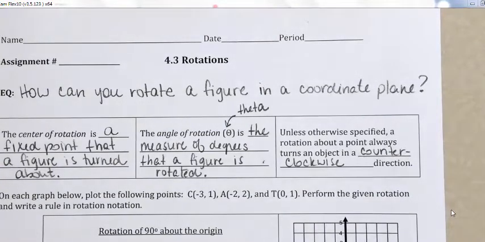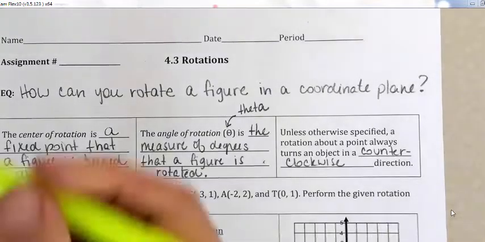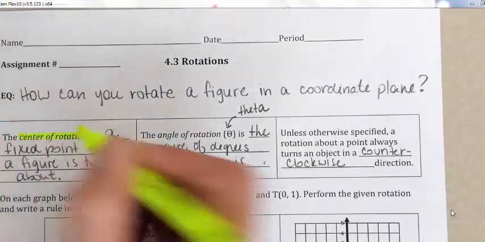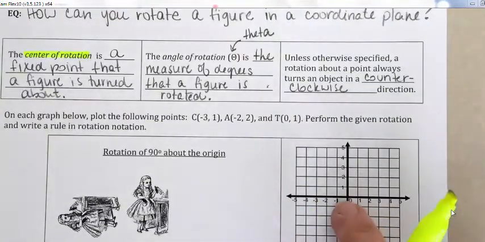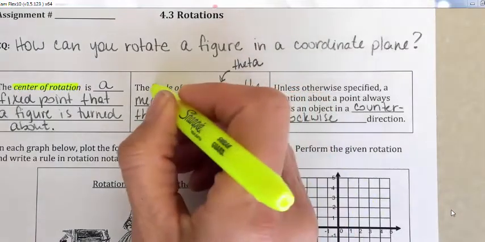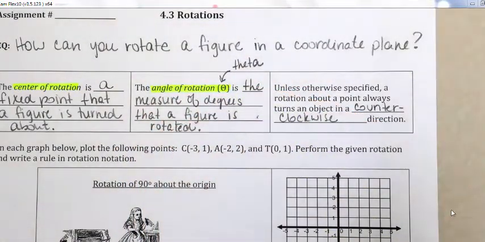Okay, so let's highlight a couple things here. So we've got a center of rotation. Now for us, we're just going to use the origin. So in any coordinate plane, we'll just use the origin as our center of rotation. Angle of rotation being a Greek letter, theta. You can also use x or any other variable you want, any other letter out there.